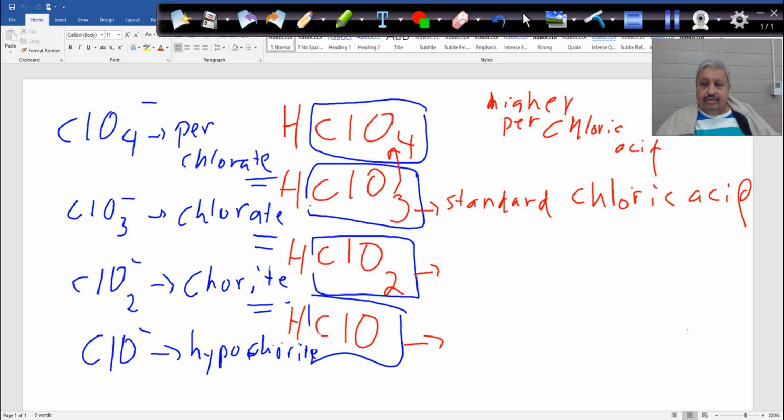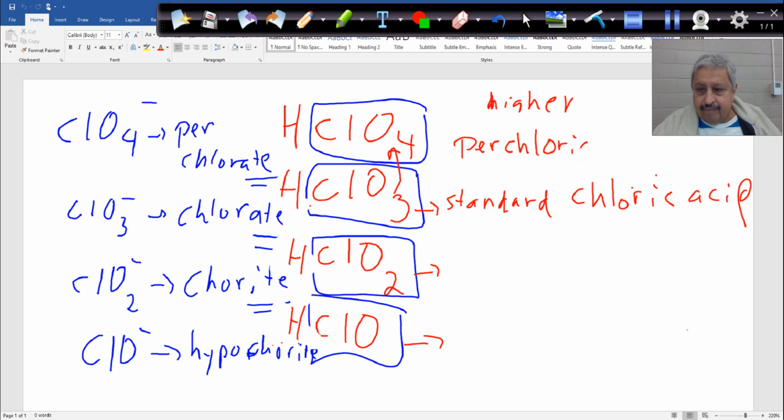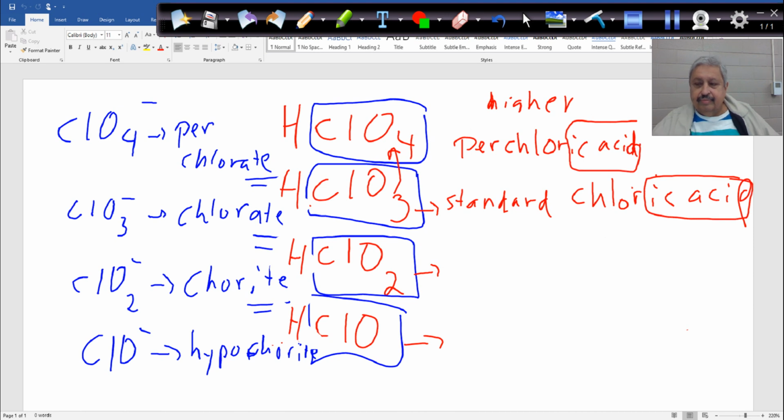So this one here is, let me write it so you can follow it here, perchloric acid. Always remember ic acid at the end, acid here. Ic acid at the end.